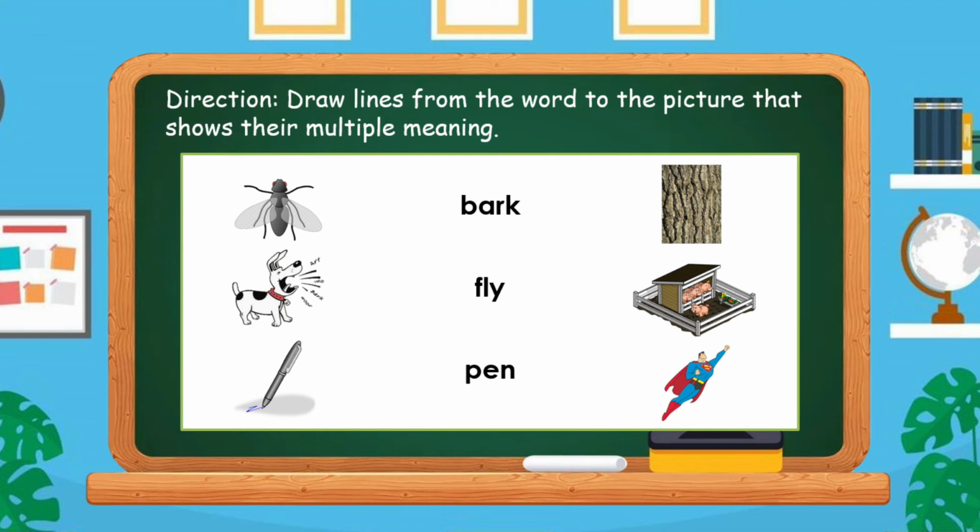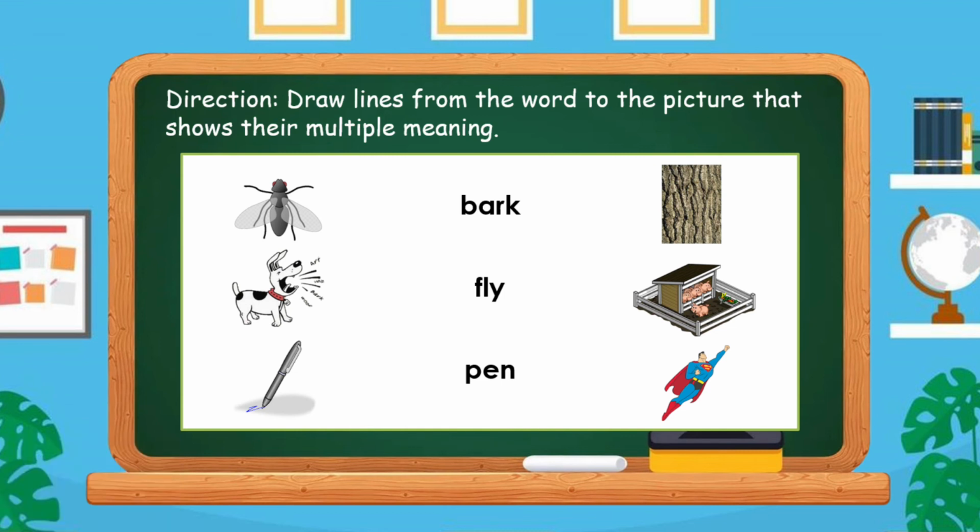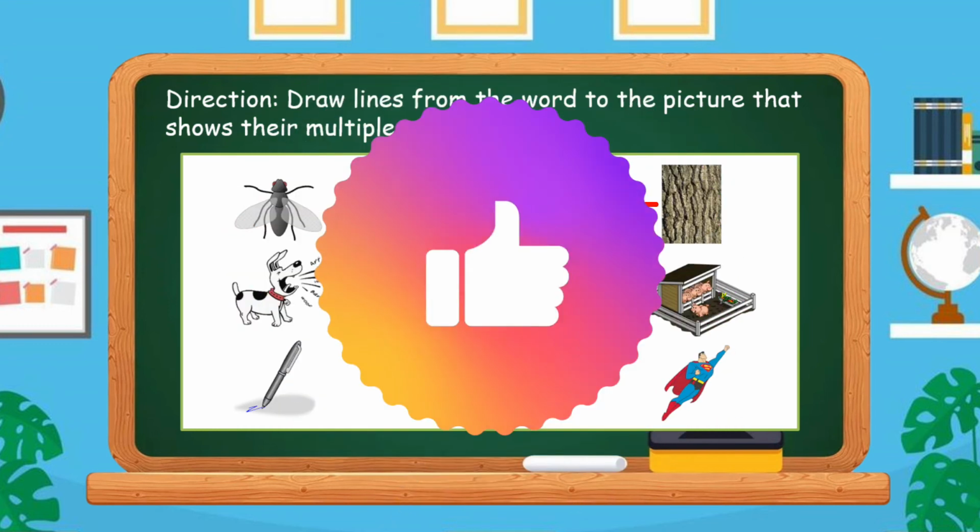Among these pictures, which best describes the word bark? The word bark matches the second picture on the left side showing a barking dog and the first picture on the right side showing bark of a tree. Do we have the same answer? Very good.